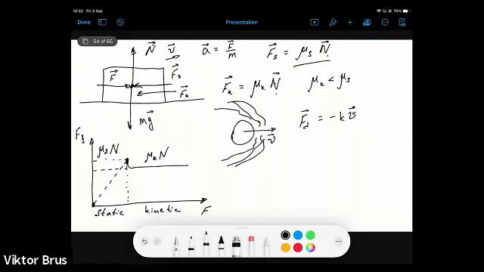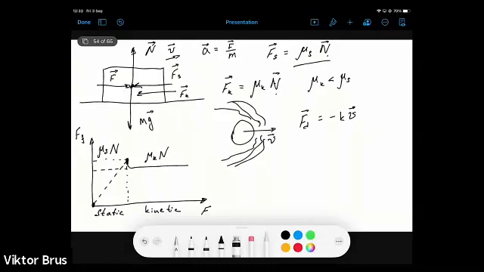For kinetic friction, the condition was independent of velocity, defined only by the properties of the two surfaces which are in contact and the reaction of the surface N. Here we have this dependence on velocity, and that is important because the force will increase as the body moves faster. In this case, it will be a linear dependence.